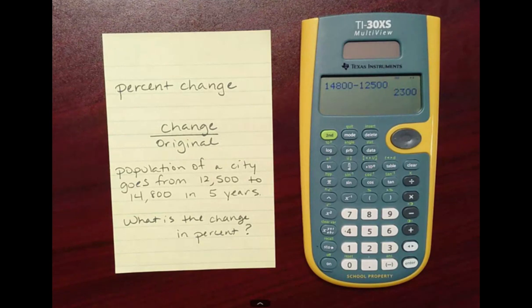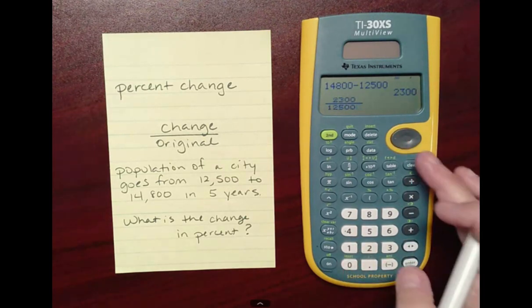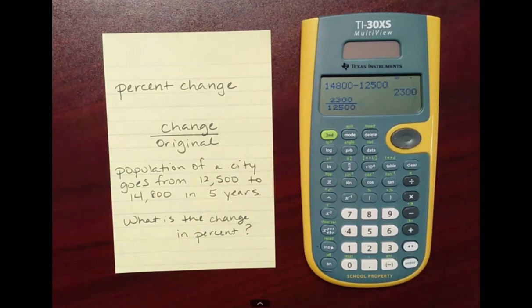When I think about what the original number is, we want to think, what did the population start at? That's 12,500. So we're going to hit our fraction button and we'll put our change on top over the original 12,500 and move our cursor out. I want to take that fraction and change it to a percent.